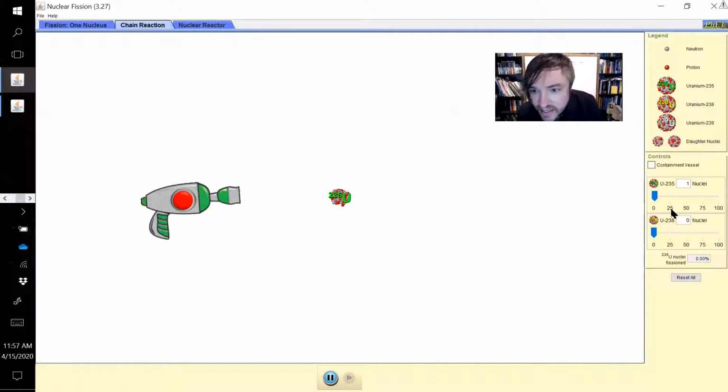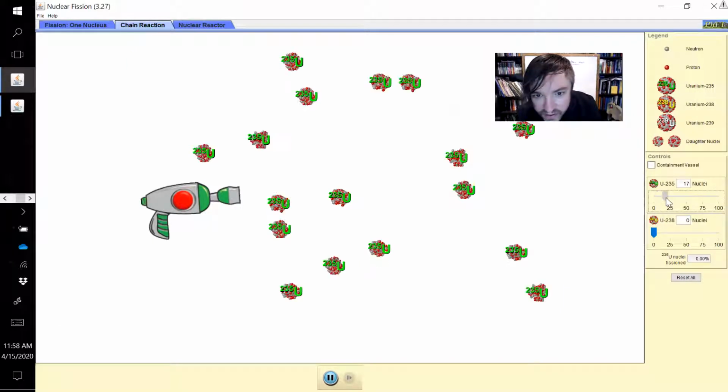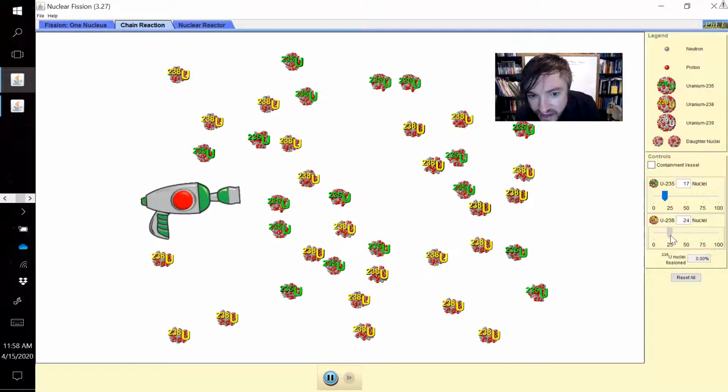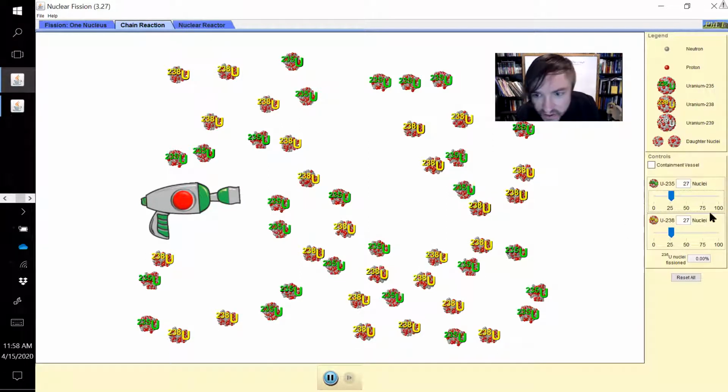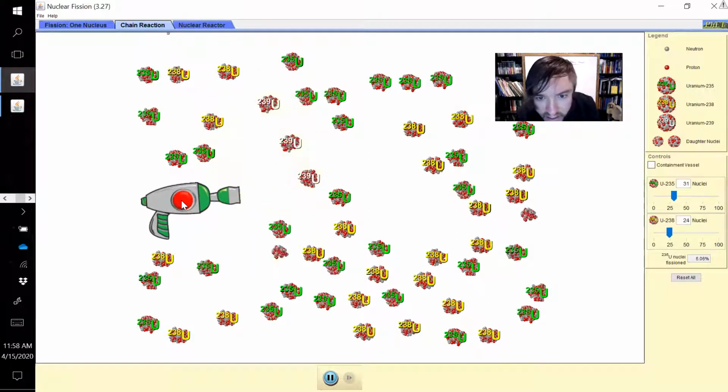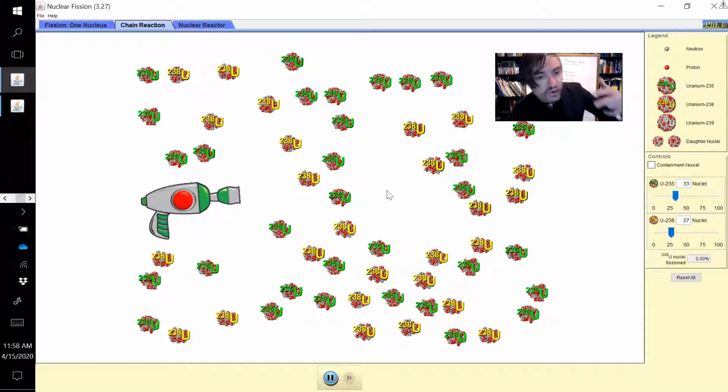I got an idea. Let's add a whole bunch of atoms. Here's some U-235. Here's some U-238. And let's just shoot this with a little neutron gun and see what happens. Boom. Each time one of these nuclei disintegrates, it releases extra neutrons and some energy, which can then collide and cascade into neighboring atoms.